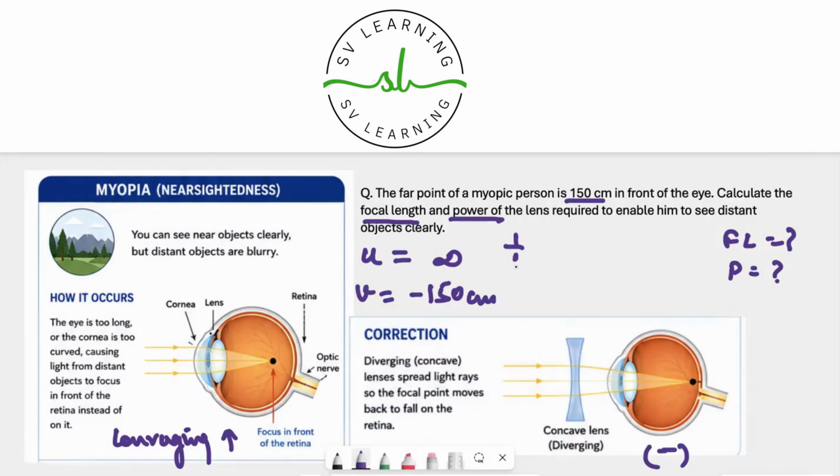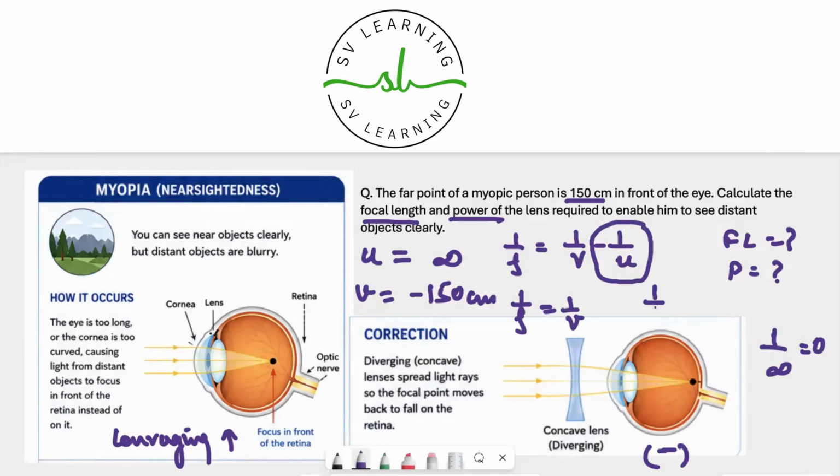But effectively, when you put the formula 1 by f is equal to 1 by v minus 1 by u, we know that 1 by infinity is equal to 0. So 1 by u becomes 0, and 1 by f is equal to 1 by v. So in this case, 1 by f is equal to minus 1 by 150, which means the focal length is minus 150 centimeter itself.